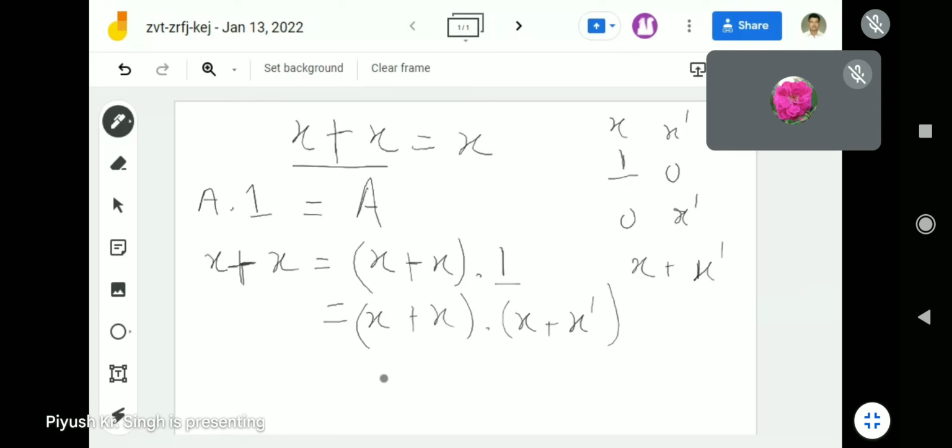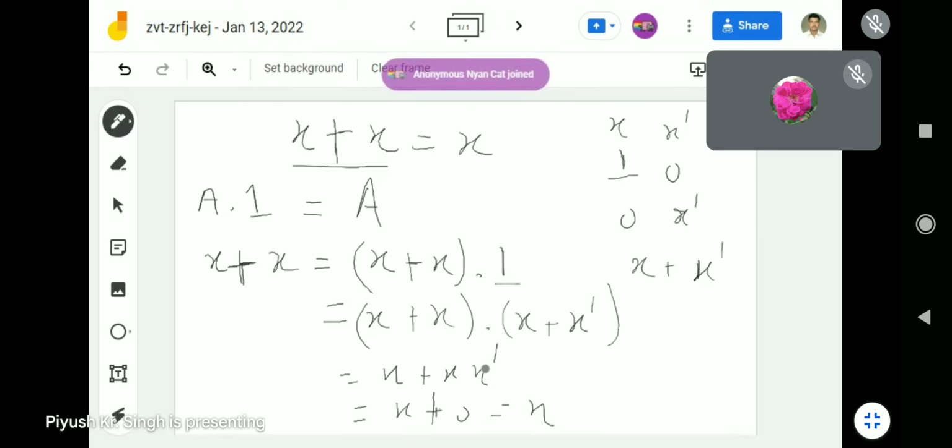So this will be equivalent to x plus x x bar. Now if x is 1, then x bar will be 0, already in the definition of the Boolean algebra. So it will be x plus 0, which is also a basic definition of the Boolean algebra, so it can be written as x.